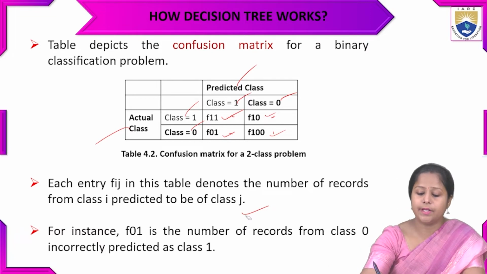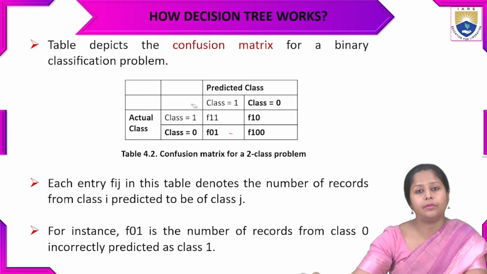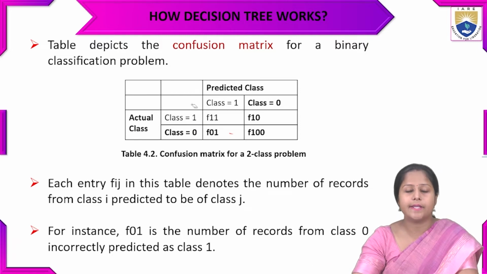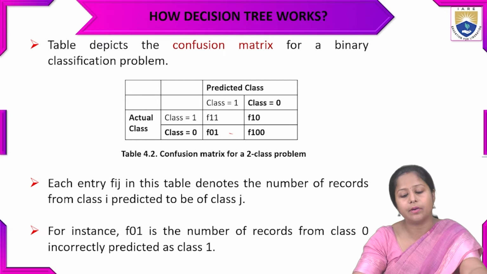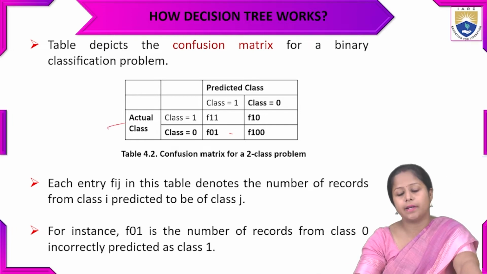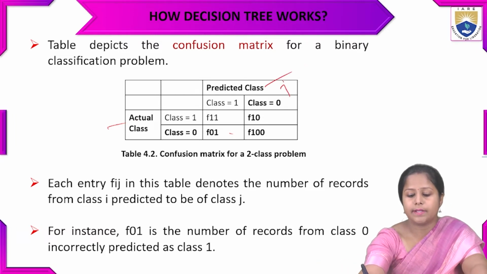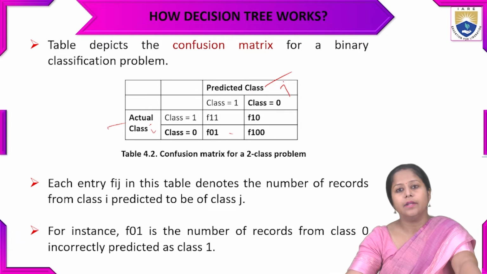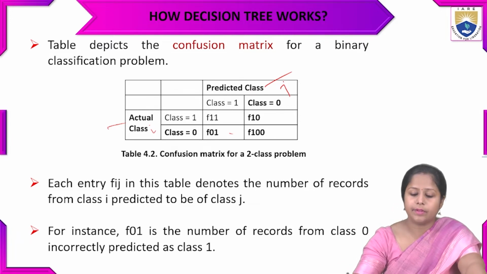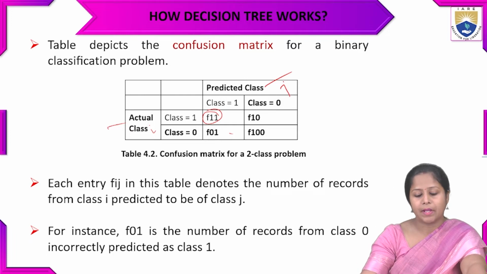Each entry Fij in this table denotes the number of records from class i that are predicted as class j.